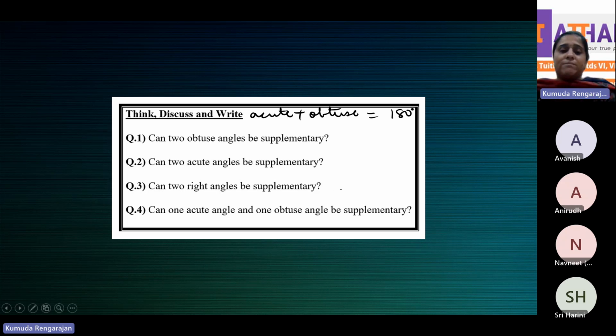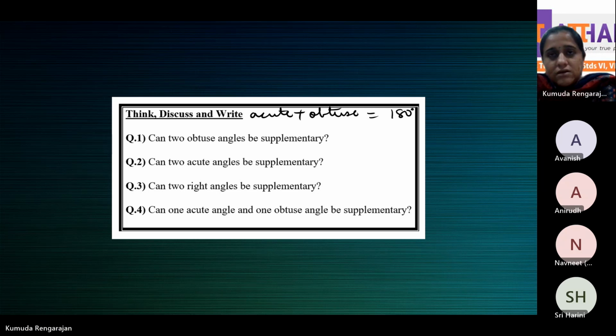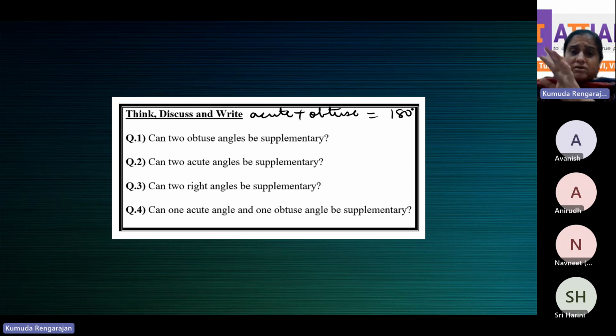You can give many examples of one acute angle and one obtuse angle. It's not that they're always supplementary. The question is, can one acute angle and one obtuse angle be supplementary? Yes, but that doesn't mean they're always supplementary.